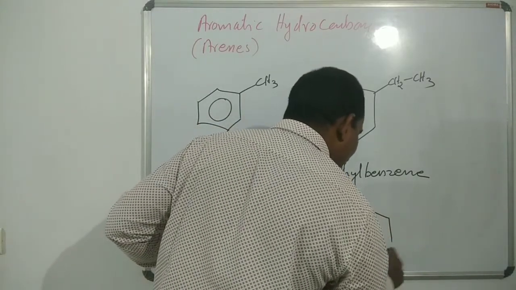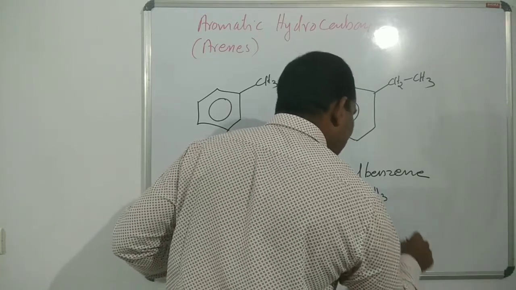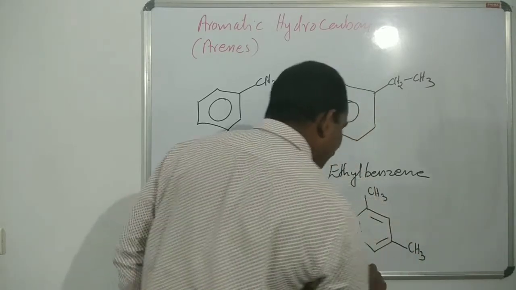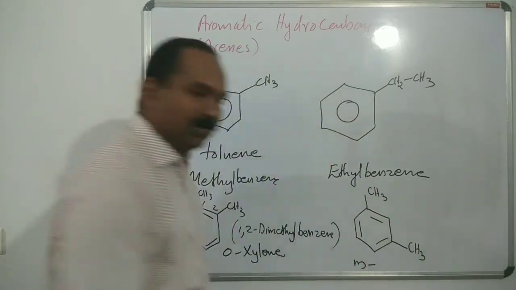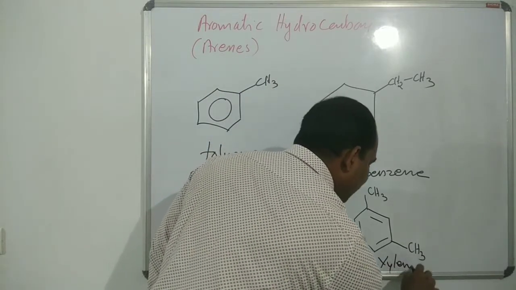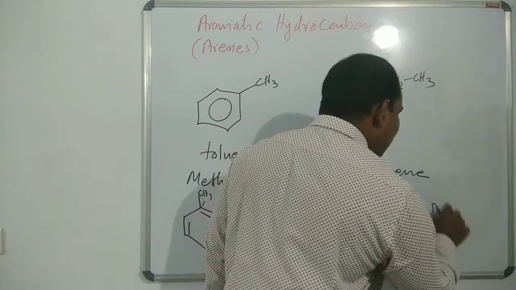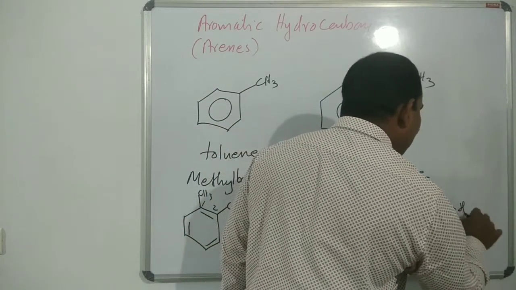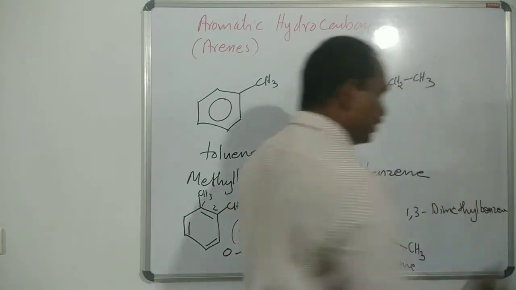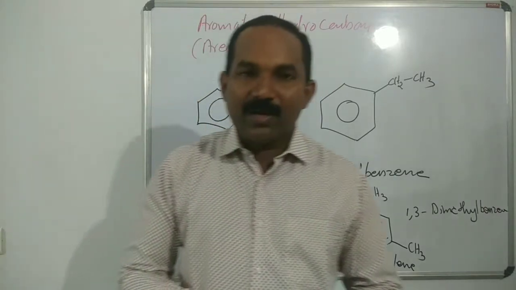The methyl group changes its position to 1,3, and you know that the 1,3 position is the meta position. So the compound is metaxylene. IUPAC name 1,3-dimethyl benzene. And these two are position isomers.